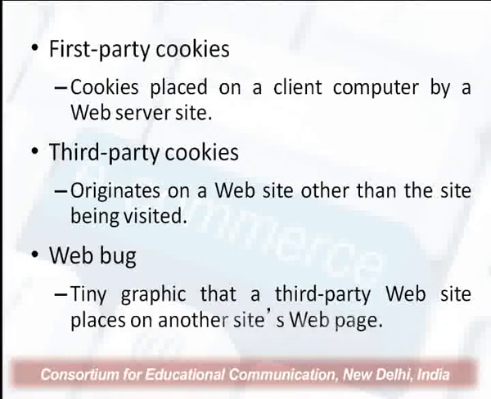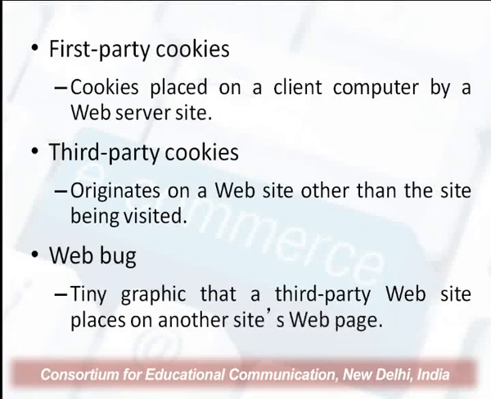In this we also have different kinds of cookies, like first party cookies, which are actually created by the website server itself. The server of the website will itself create those cookies on the client computer. Then there are some cookies which are created by some site other than the site which is visited.